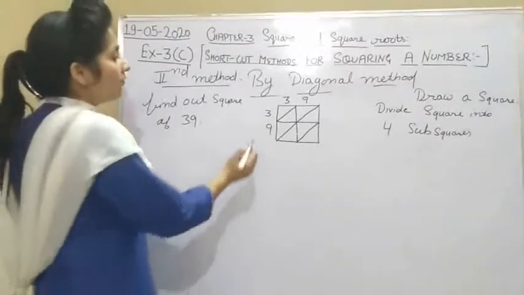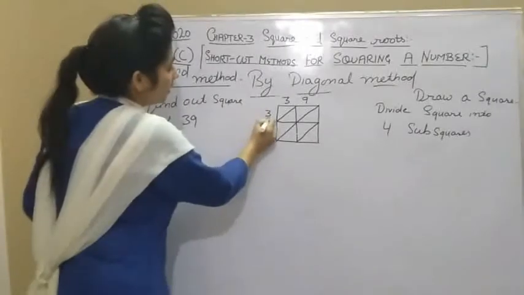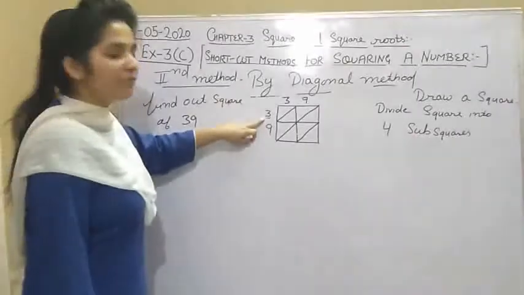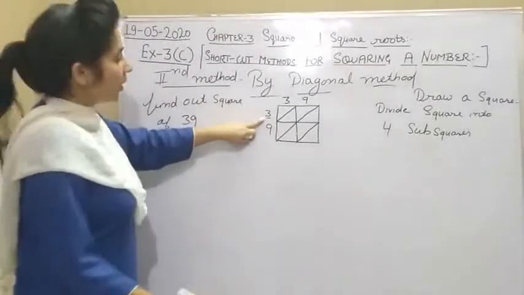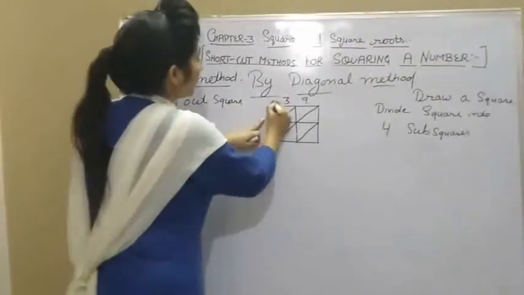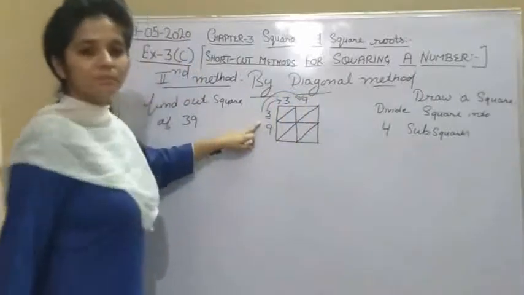Now we will take the product from the left side. Your first digit is 3. You will take the product of 3 by 3 and by 9.